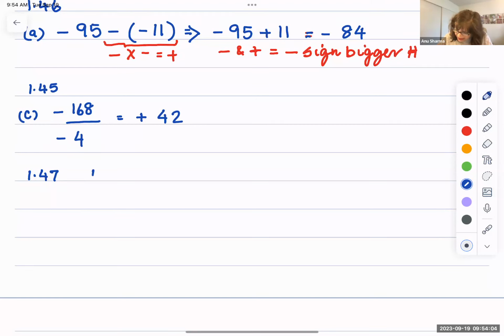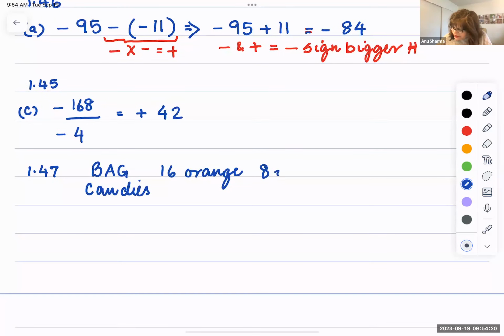So there is a bag, and that bag contains 16 orange candies, 8 yellow, and you are given 16 black. Now, what is the percentage of yellow candy? How many yellow candies? What percentage?